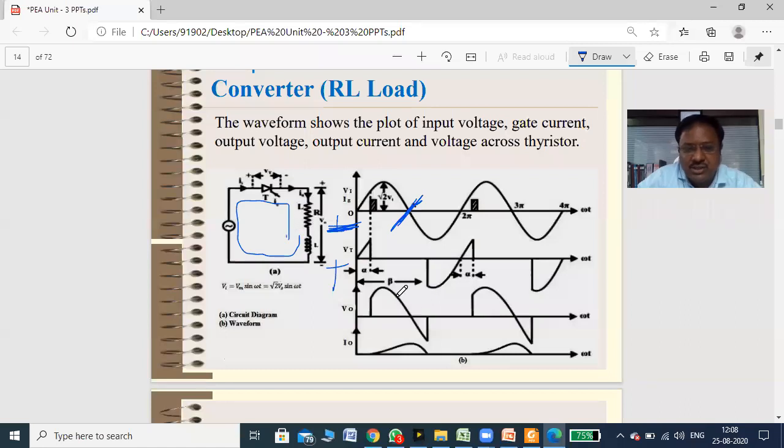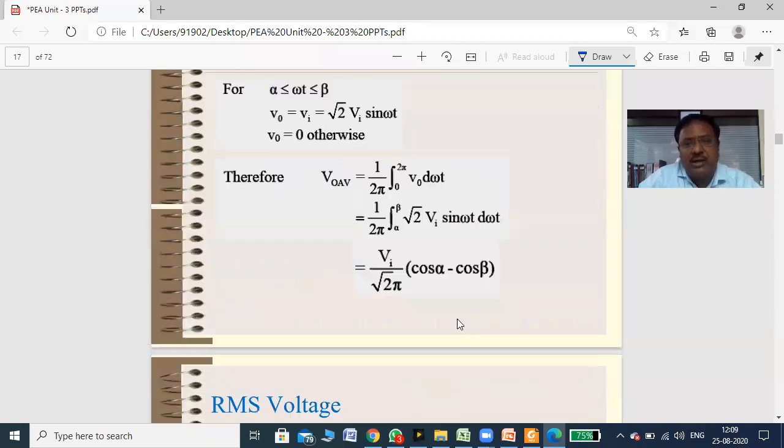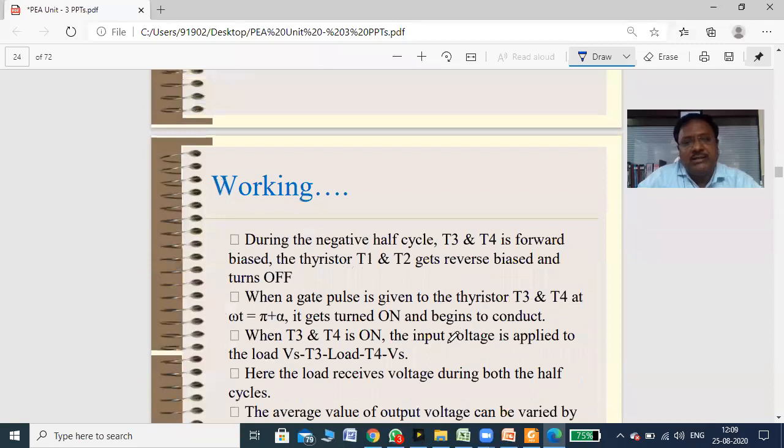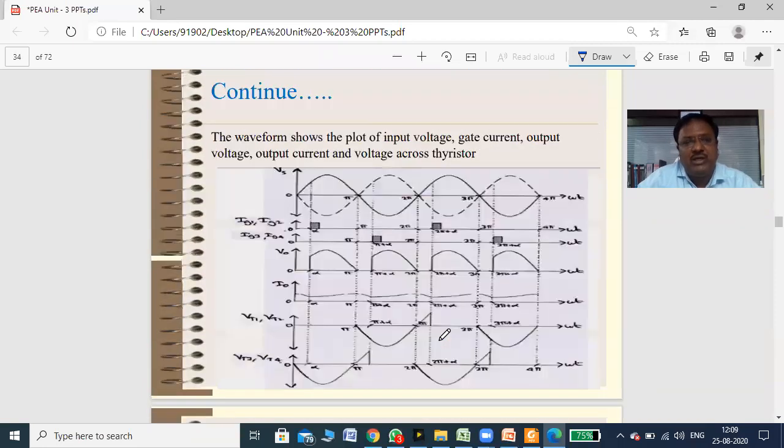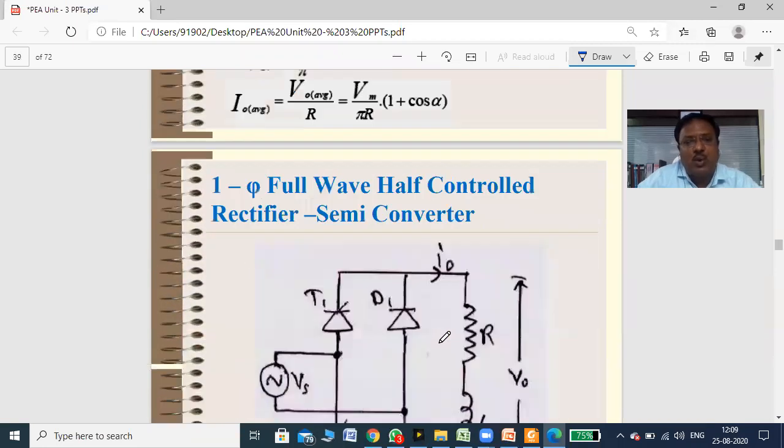So the thyristor remains on from pi to pi plus alpha. The same thing happens in three phase, because this three phase converter is nothing but a combination of three single phase half controlled converters.